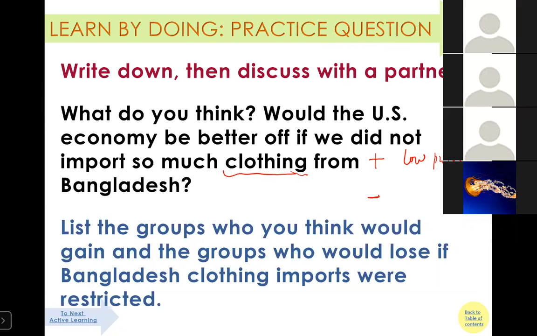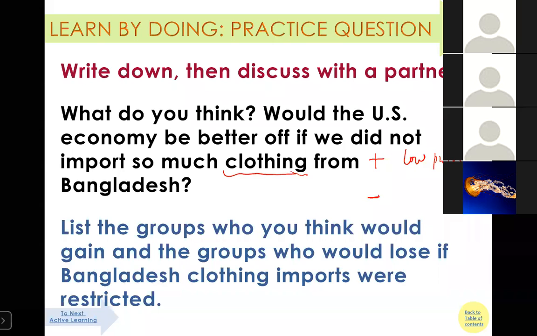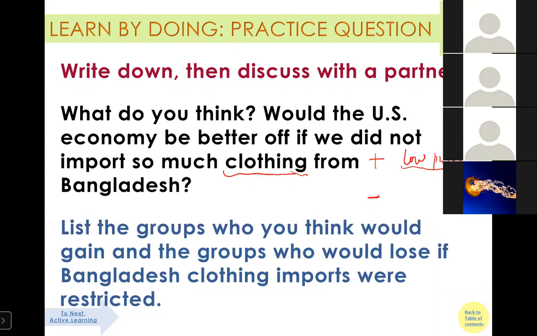So that's why we want to import from them. This is going to benefit domestic households. What is the cost? Whoever works in this industry is going to lose. Meaning, you may see unemployment. People may lose their job because we demand less domestically made clothing. Then we may see unemployment.